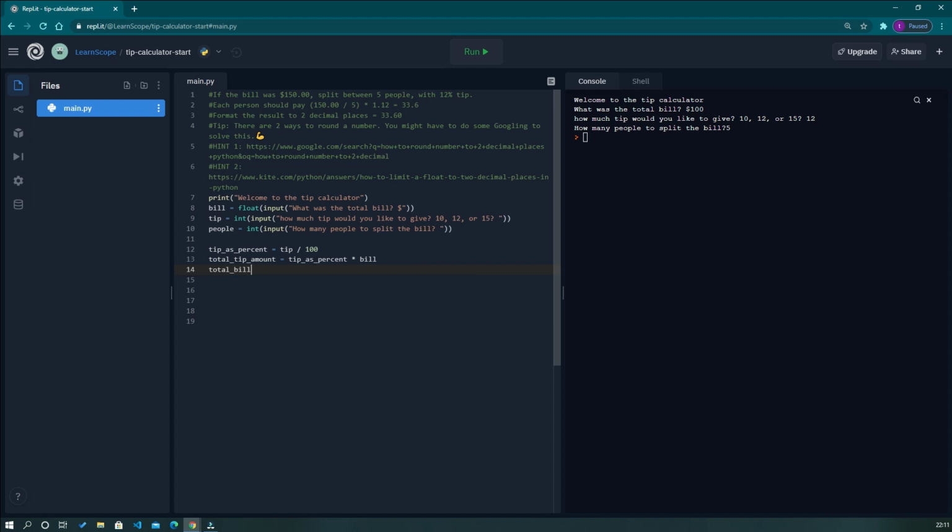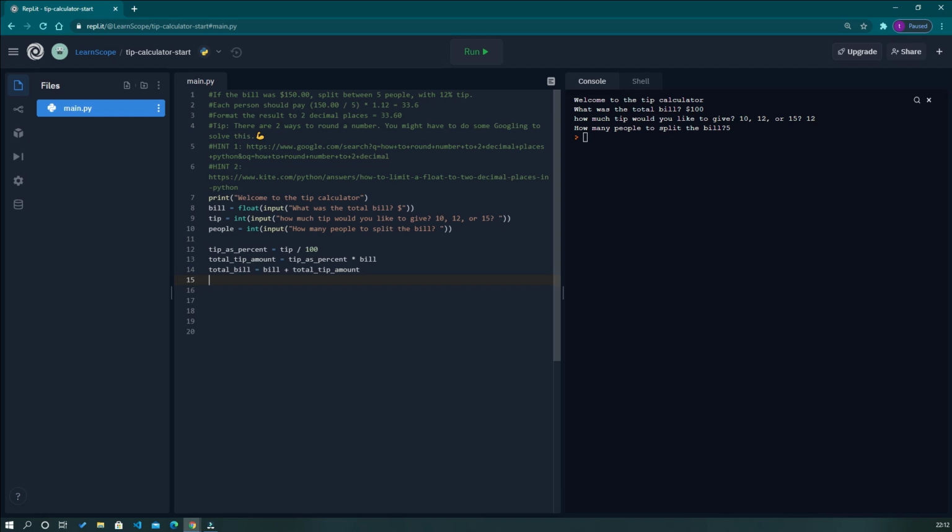Total bill equals bill plus total tip amount. Yep, that makes sense. I got the tip as percent, the tip as total amount, and total bill equals bill plus total tip amount.